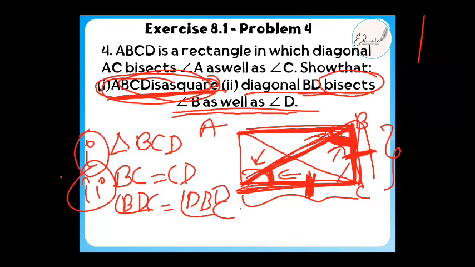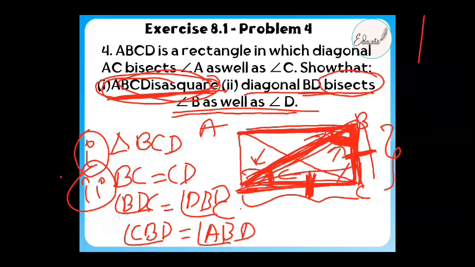If these both angles are equal, and we also have the alternate opposite angles equal, then we can prove simply that CBD is equal to angle ABD. That's all. This and this should be proven. If this and this are equal, then what can we say?